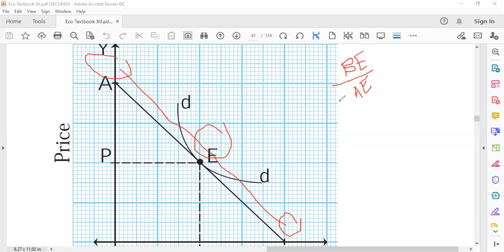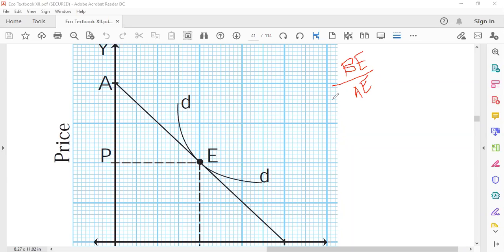Now we can see that this point E divides the demand curve into 2 equal segments, lower segment BE and upper segment AE.